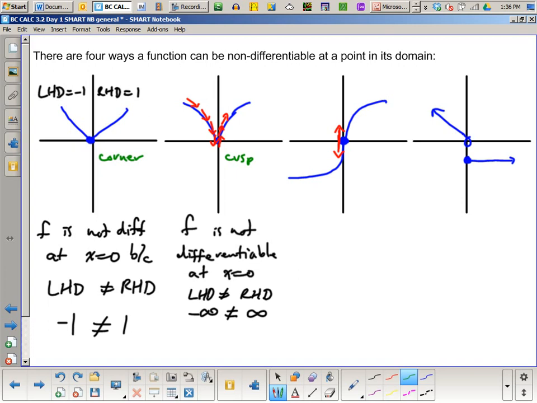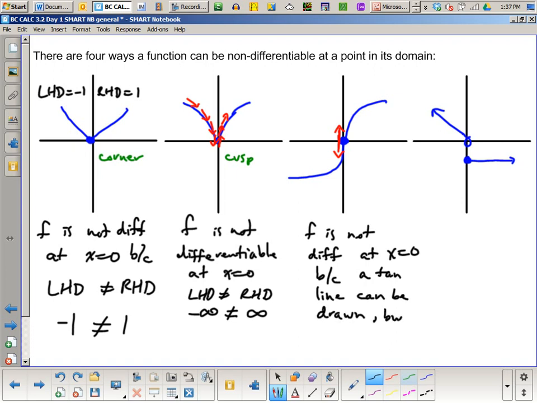Okay, this third one is f is not differentiable at x equals 0. Why? Because a tangent line can be drawn, but it doesn't have a slope. Okay, so a tangent line can be drawn, but it has no slope.